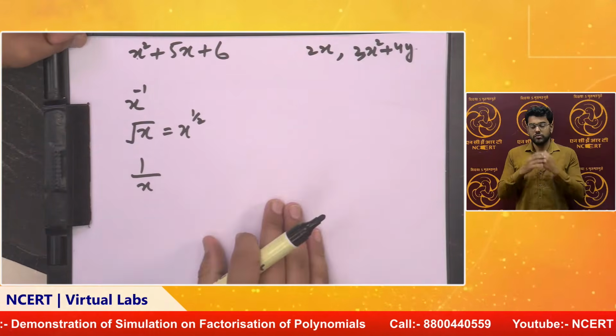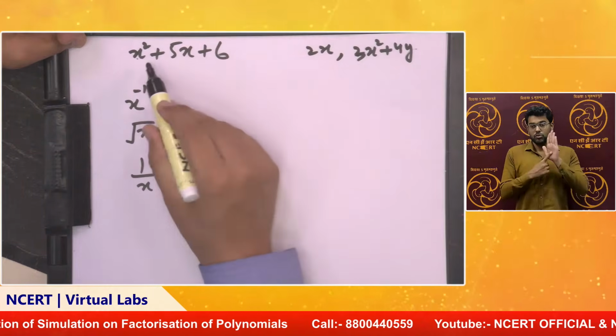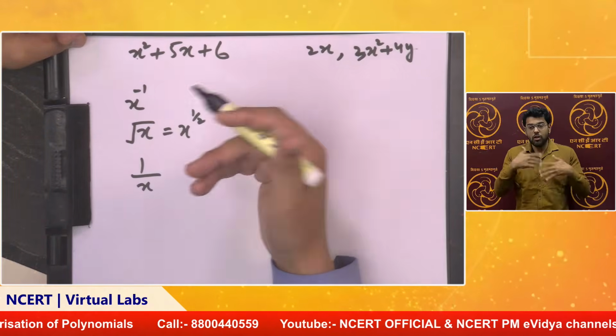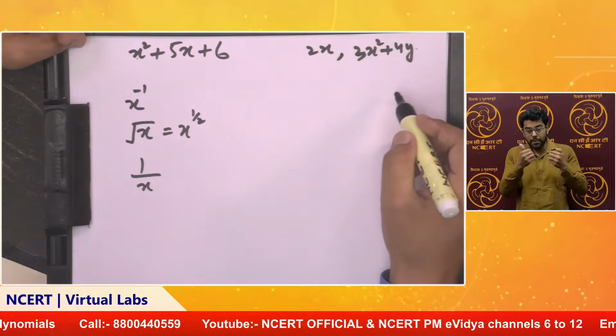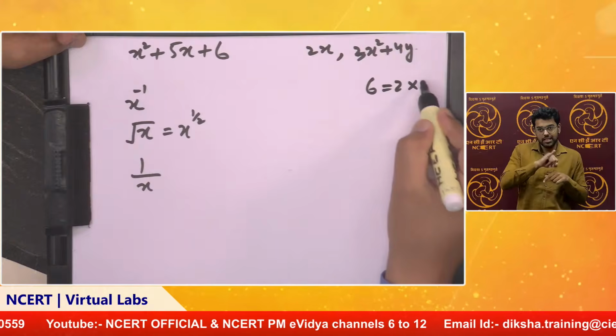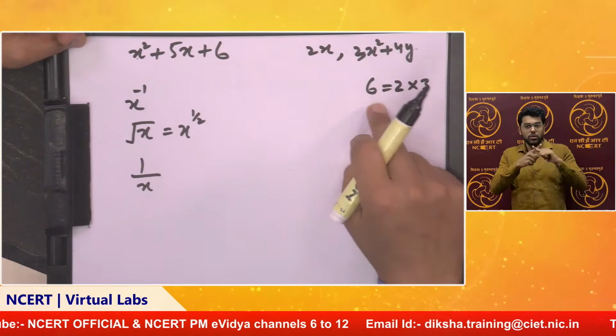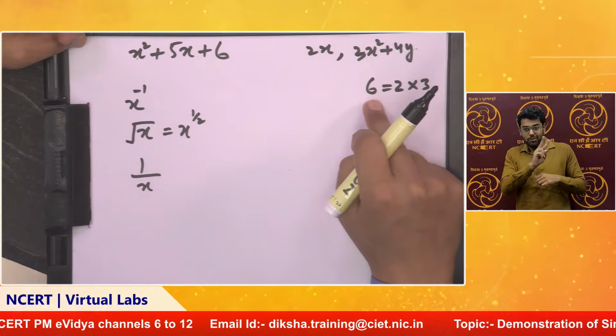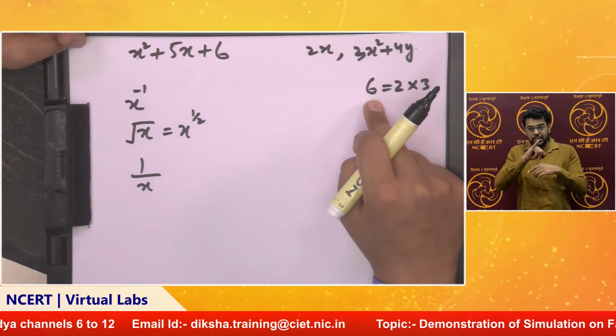Now I would like to show you how to factorize. We are going to factorize this polynomial. What is factorization? You can remember 6 can be written as 2 into 3. 2 and 3 are the numbers which exactly divide 6, leaving remainder 0.